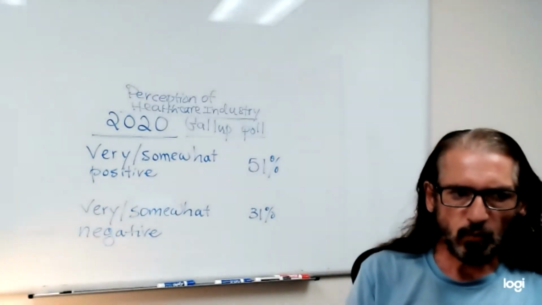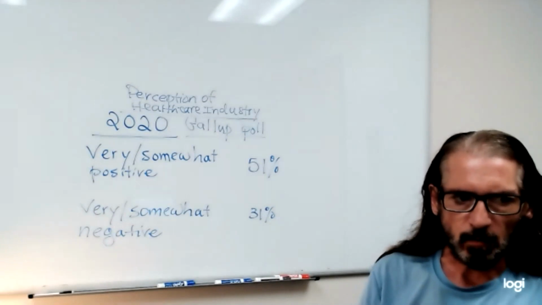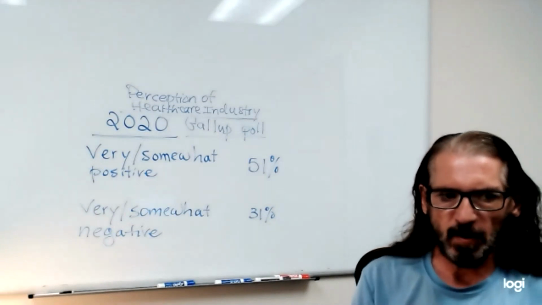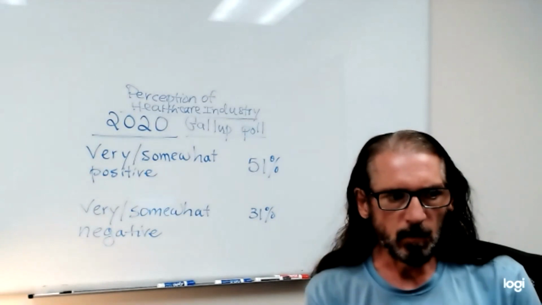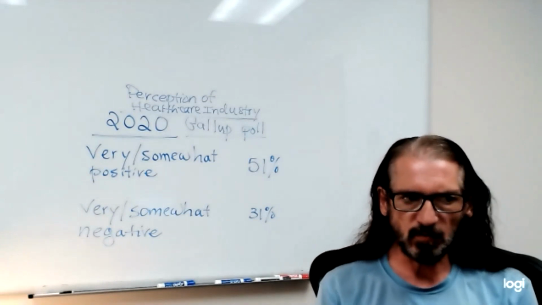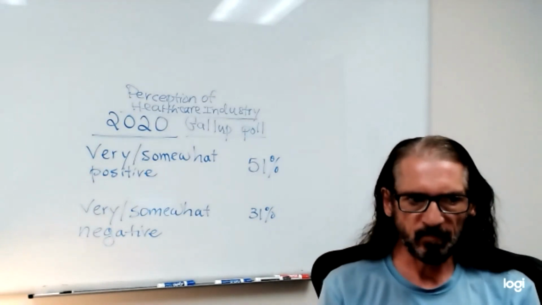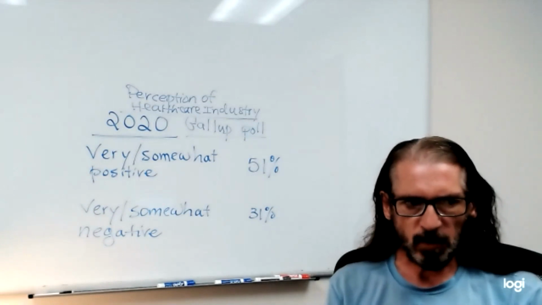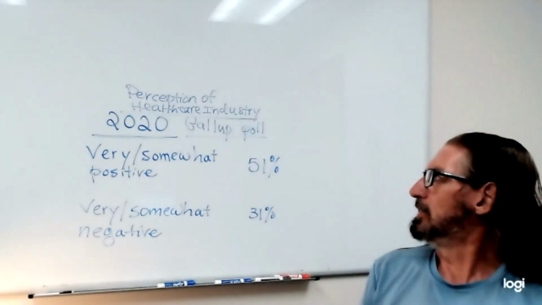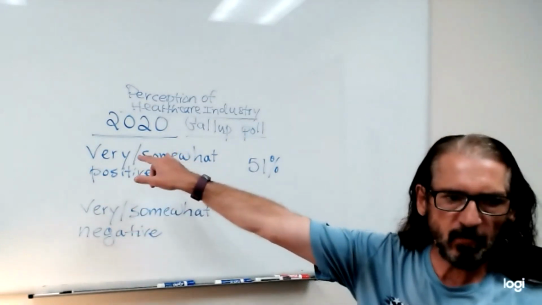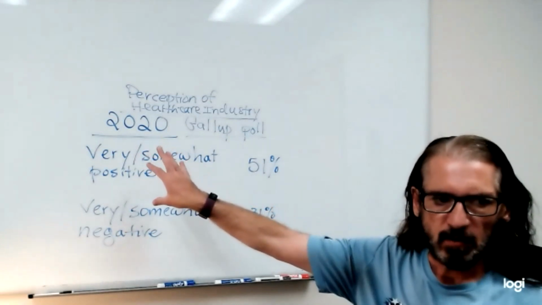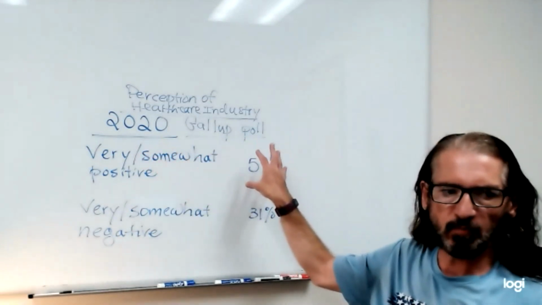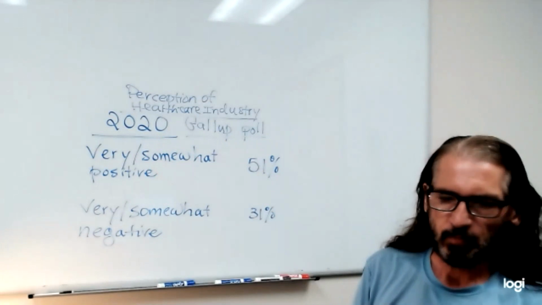A famous polling group, the Gallup, has been keeping track for a while now of people's perceptions of the healthcare industry. Suppose in 2020, they found that the perception was very or somewhat positive, and 51% of respondents answered that way.